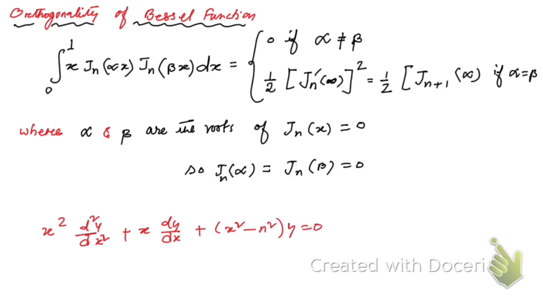The solution of this equation is Jn of x. Now suppose before x square we have alpha square, then its solution will be Jn of alpha x. And if we have beta square x square, then its solution will be Jn beta x. Hope you have understood this.